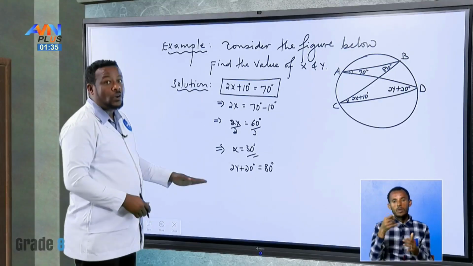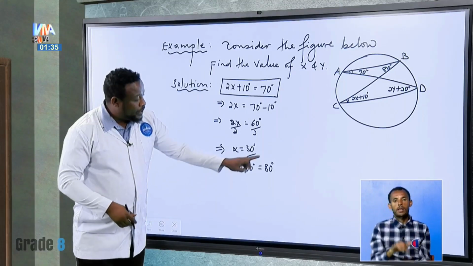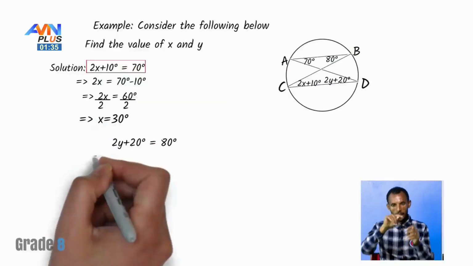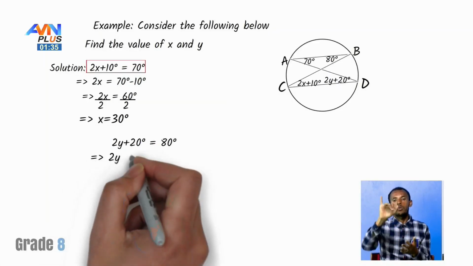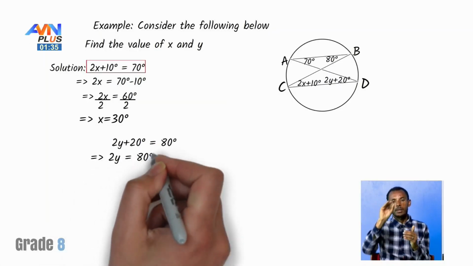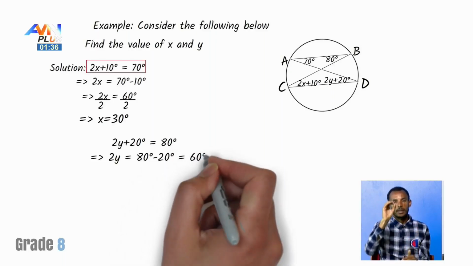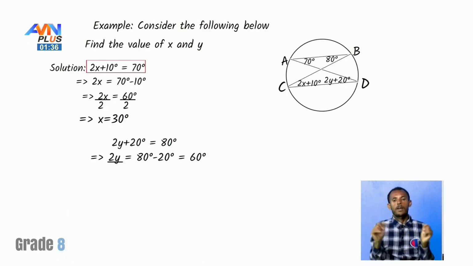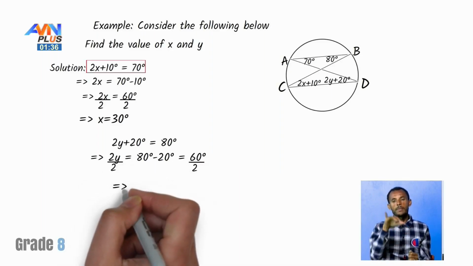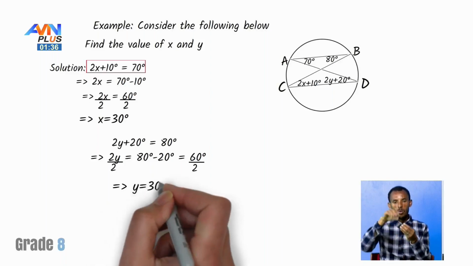Now you can solve for y. Collect like terms, and this becomes 2y is equal to 80 degrees minus 20 degrees, which is 60 degrees. Then divide both sides by 2. Unfortunately, we will have the same result. So y is also 30 degrees.